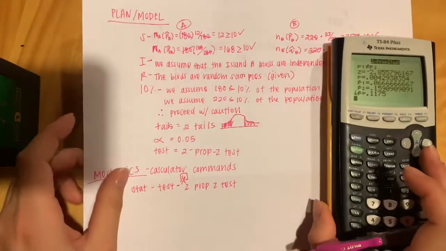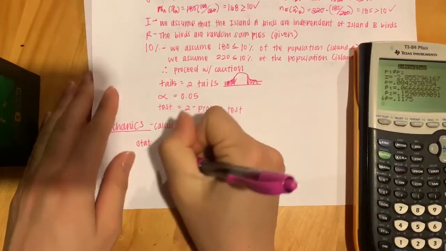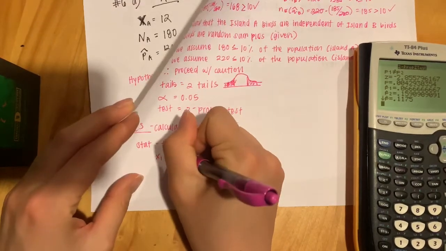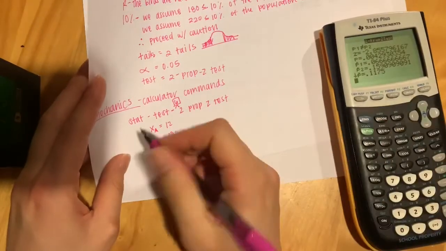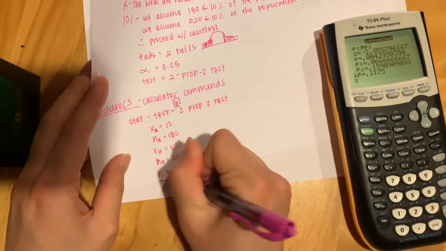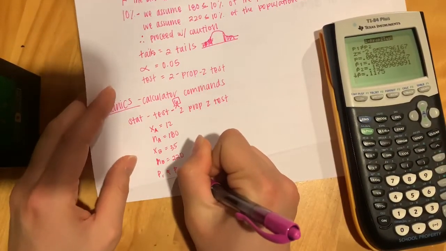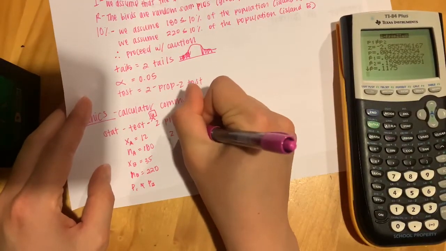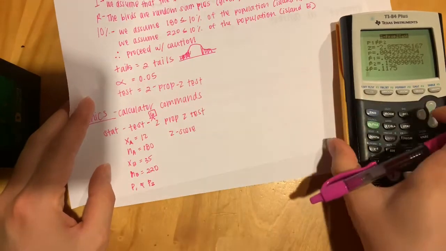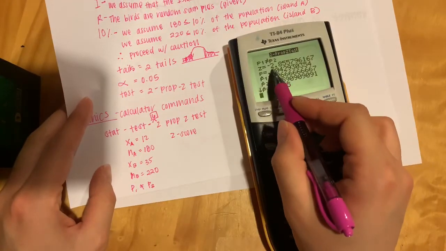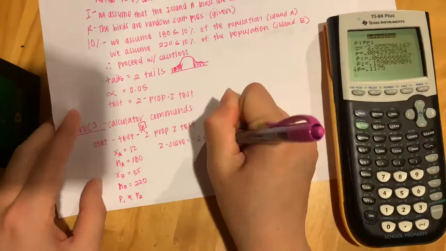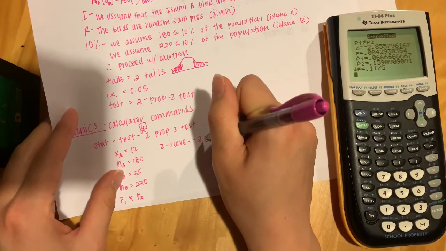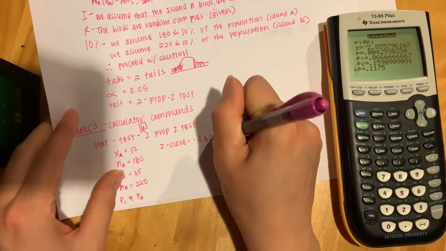So really quick, just writing it out. x1 equals 12, and p1 does not equal p2. Here we get a z score of negative 2.885, but we can round it to negative 2.86.